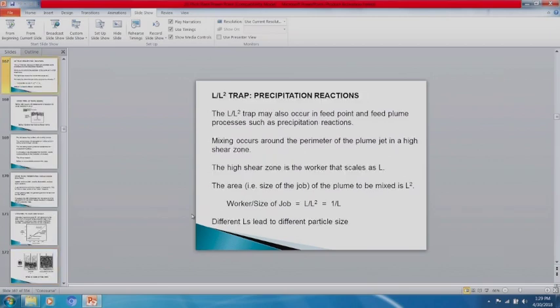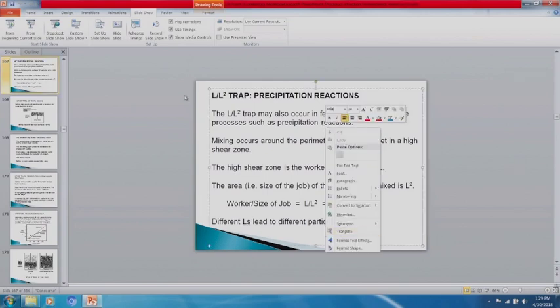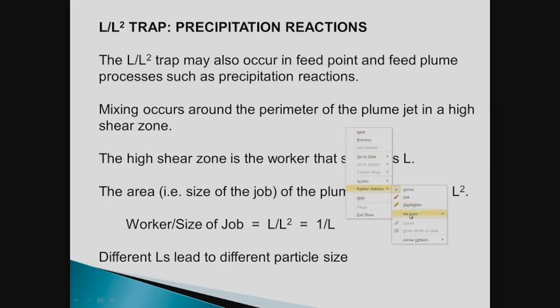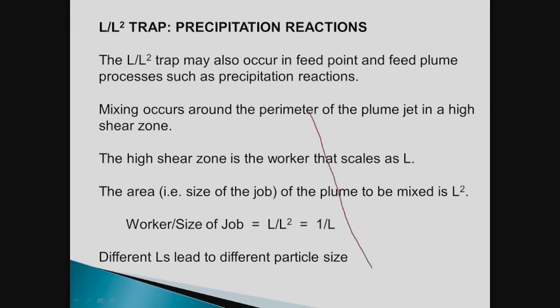Fast precipitation reactions, the idea is that what happens is, I'm going to go up here to the slideshow from this slide. You have a feed plume coming in, right? And going for color again. So you have a feed plume that's here, and that will be an L squared, the area involved there, that expanding feed plume. You have basically the reactor is right here. The reaction is occurring around the perimeter.